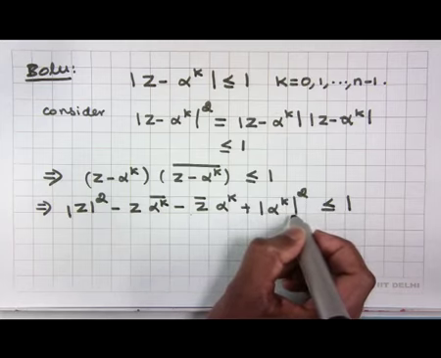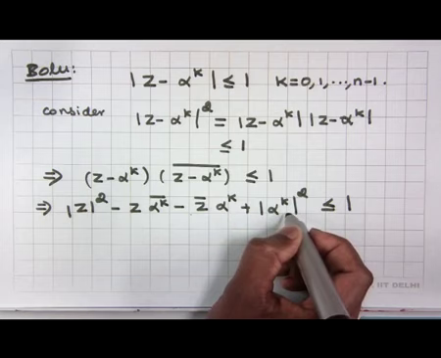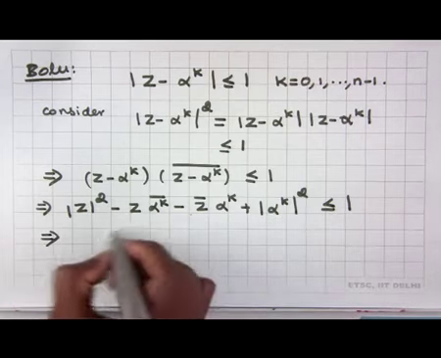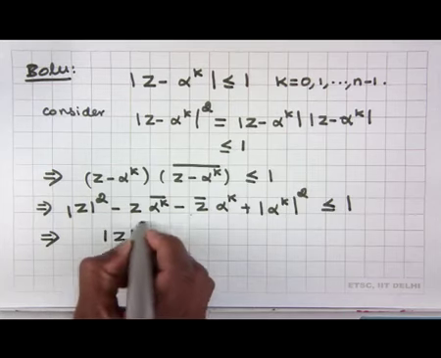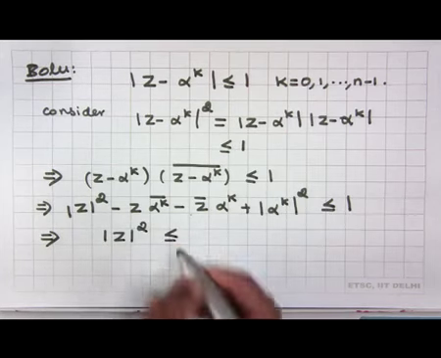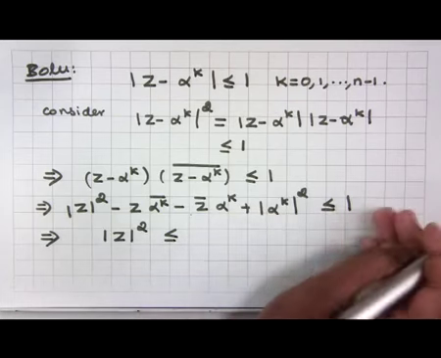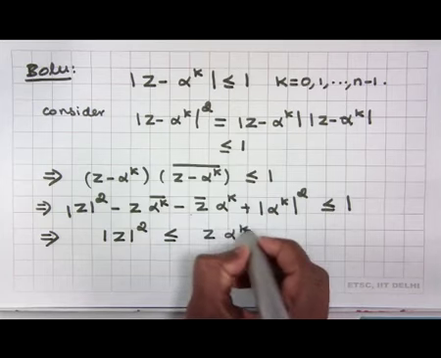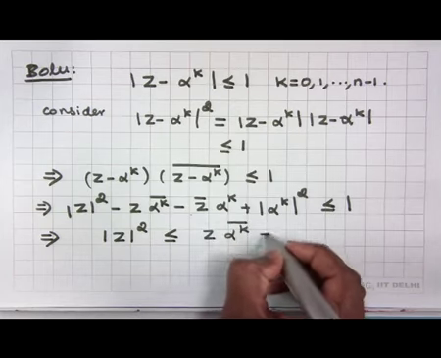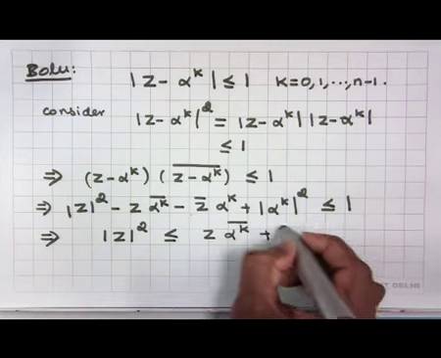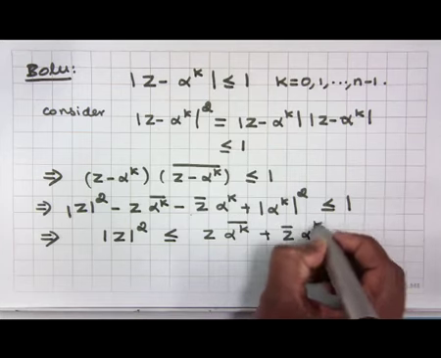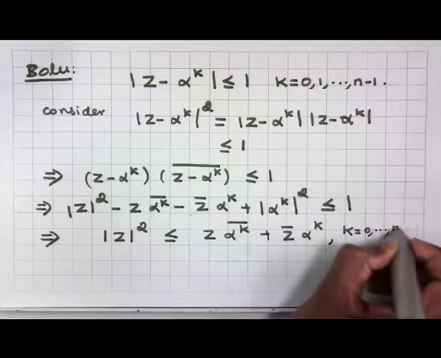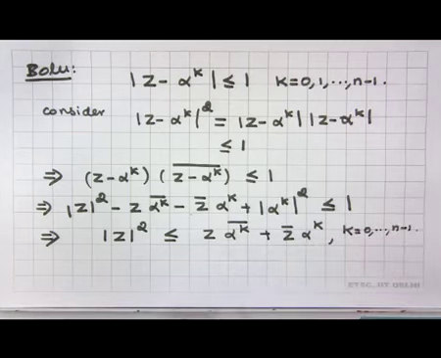So, which means modulus of this alpha^k value is 1. This implies that mod z square is less than or equal to, I take all other terms to the right hand side, z alpha^k bar plus z bar alpha^k, where k values are from 0 to n minus 1. The same inequality is satisfied.